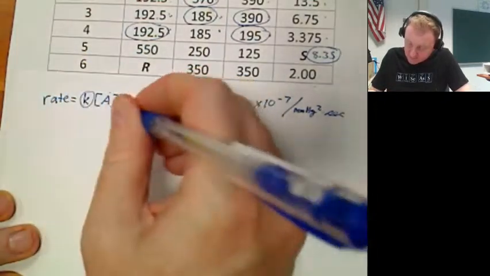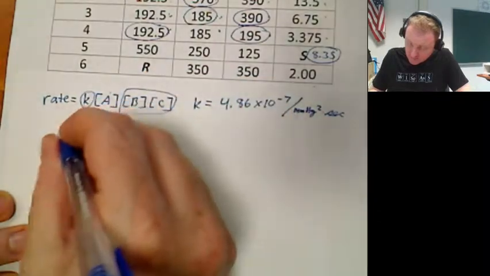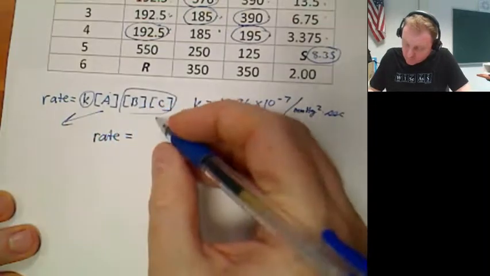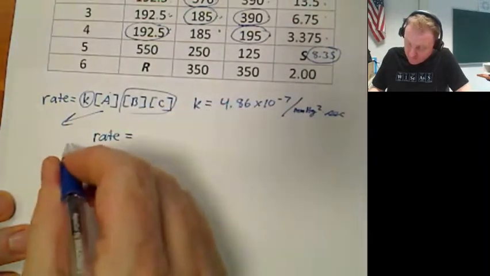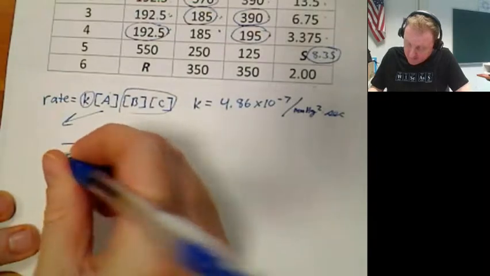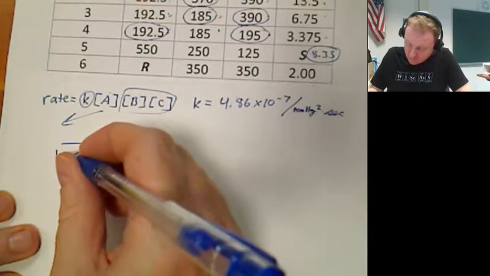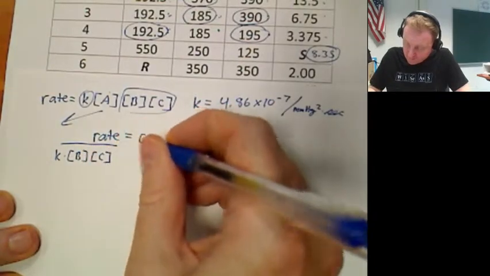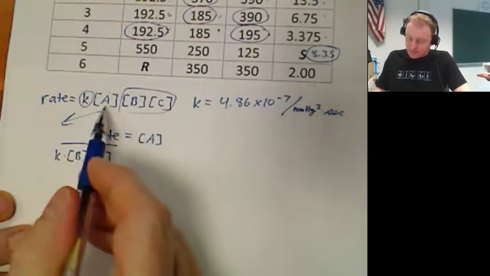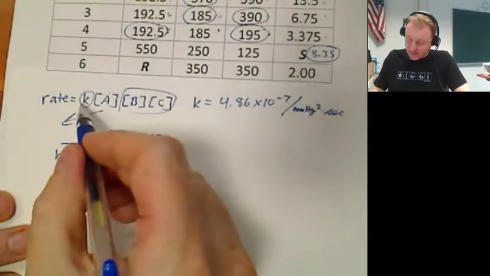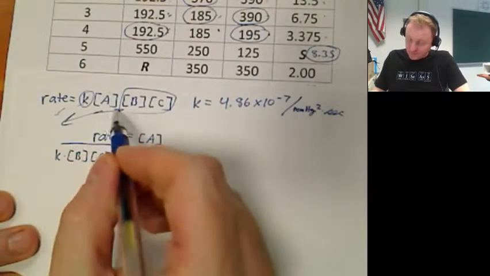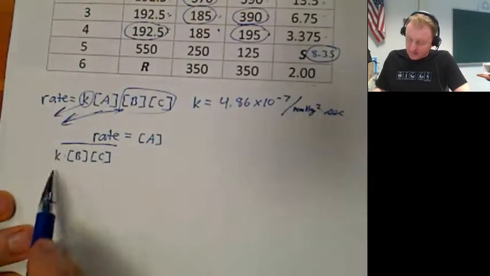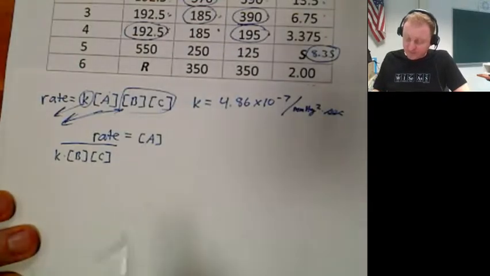So I can say rate over K times B times C equals A. So I leave the A here and I bring the K down here and I bring this, cross multiplying. So A, K down. So now we can solve for A.